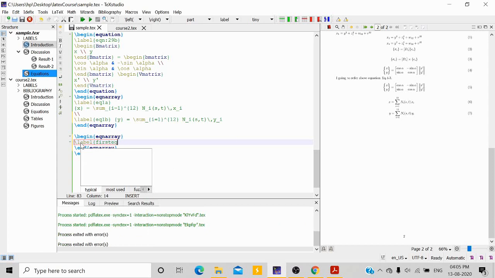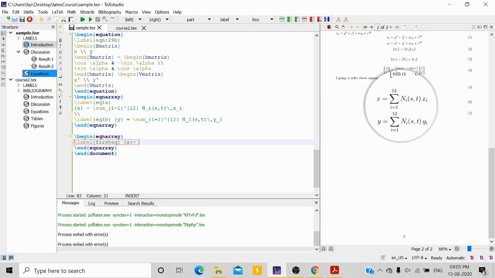Okay, first equation, write the equation. So what is the equation? It is small x is equal to summation of, you see the symbol summation of we want.